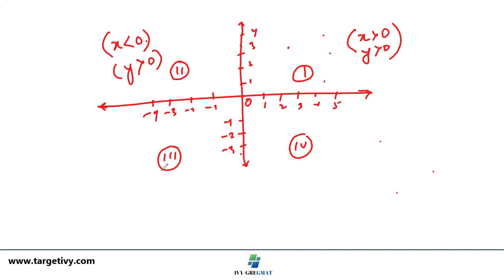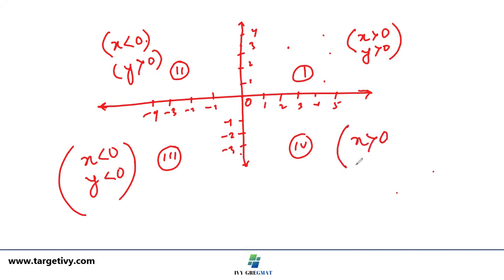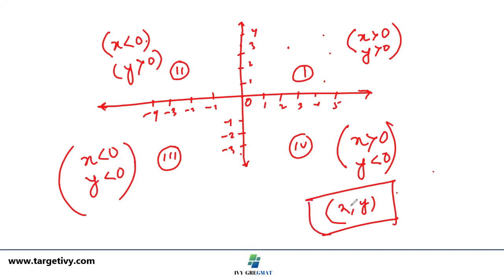In the third quadrant, it will be x less than 0, y also less than 0. In the fourth quadrant, it will be x more than 0, y less than 0. This is very important. The ordered pair is x and y. We must remember the sign of this x and y. Then only can we plot a point here.